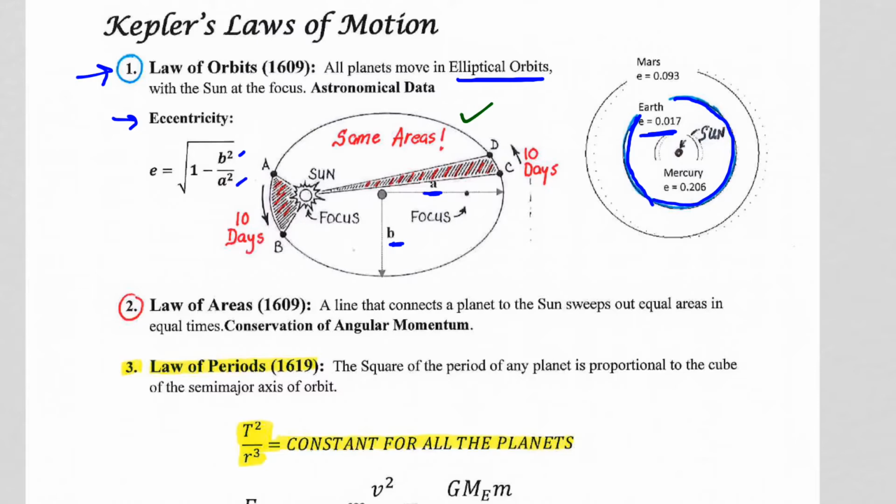B and A are identical. 1 minus 1 is 0. So for a circle, no eccentricity. Circles are not eccentric at all. So ellipses are eccentric, and the greater the eccentricity, the more drawn out, the more flat that ellipse is. So it's a misconception to think that the planets are in these wildly eccentric elliptical orbits. But they are all elliptical.